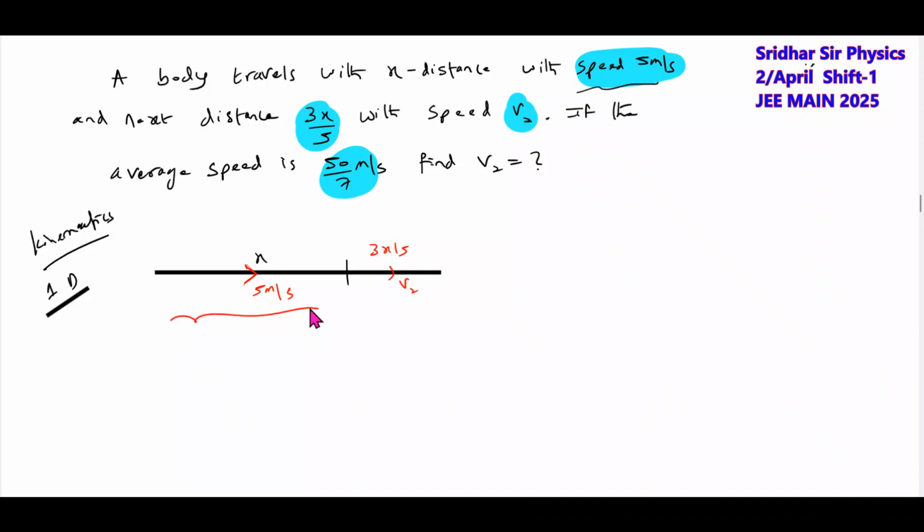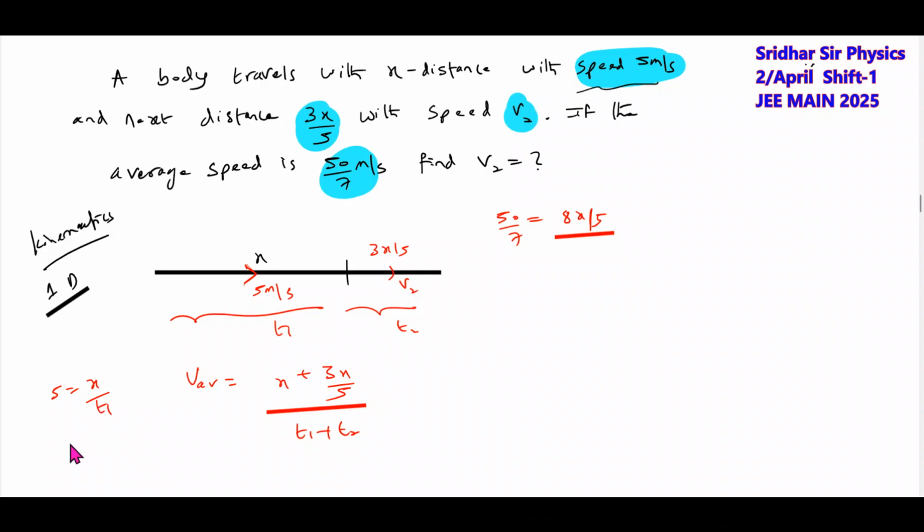Definitely it will take some time t1, t2. How do you define average speed? Total distance covered by total time taken. What is the average speed given? 50 by 7. Then the total distance will be 8x by 5 divided by t1 plus t2.